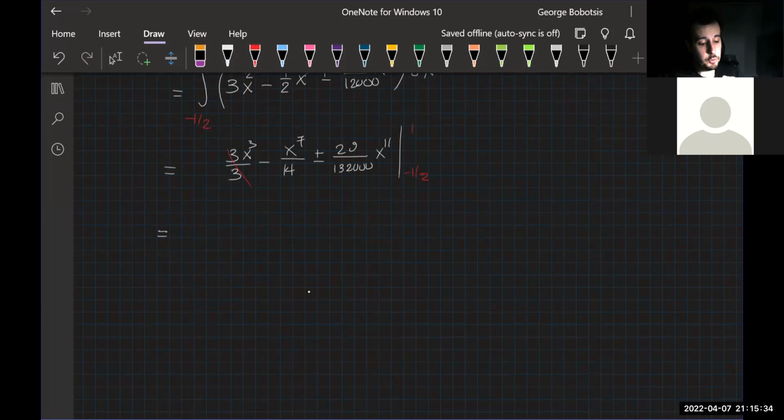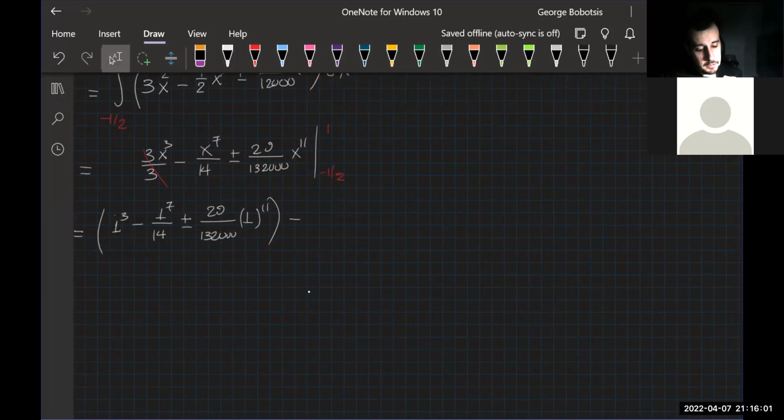So for your evaluation now, we have 1 cubed minus 1 to the 7th over 14 plus or minus 29 over 132,000, and then 1 to the 11th power. Then you take away, let's do it carefully, negative 1/2 cubed, that is negative 1 over 8.